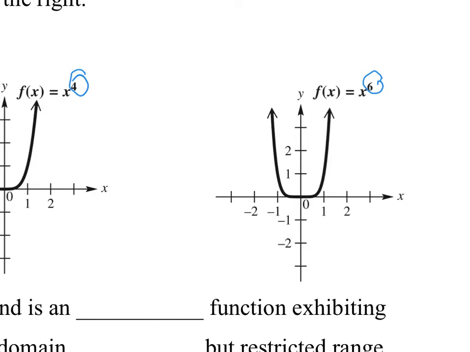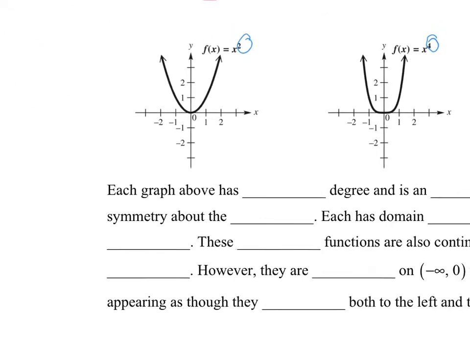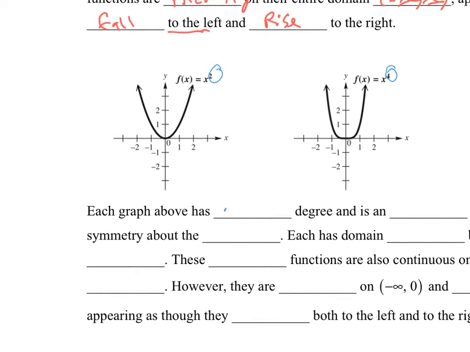I wonder if that's a pattern about anything with an even power. Even power. Matter of fact, they almost look the same on your calculator, except they kind of get spread out down here because you're going to find out that the power tells you how many times the function can turn.